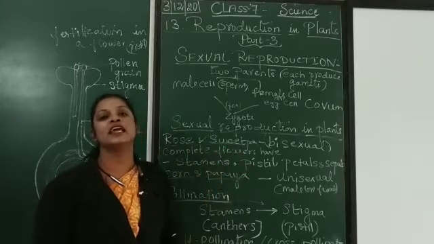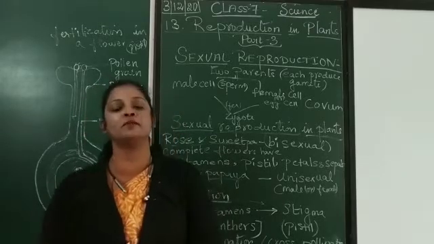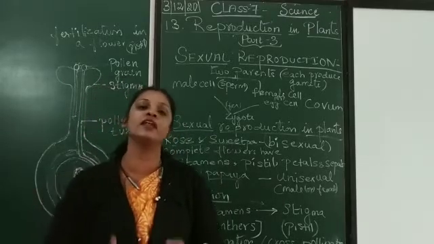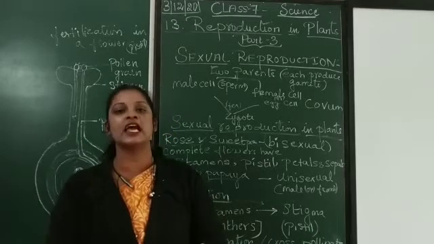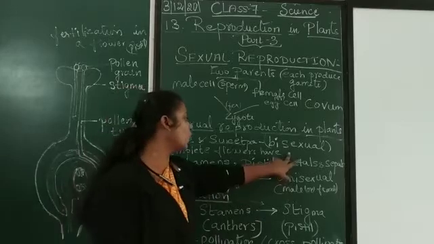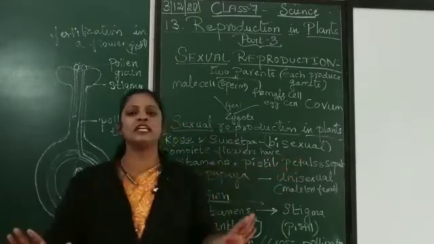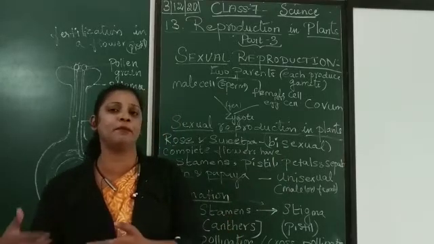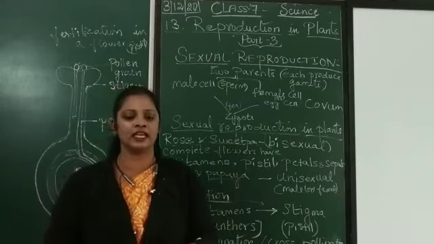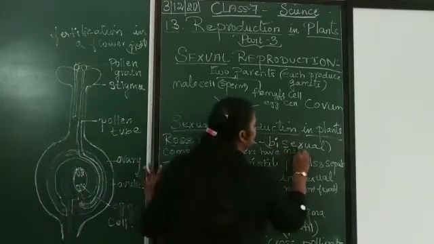They have two parents in themselves, that is, male and female reproductive organs in one particular plant, and that is called hermaphrodite or bisexual. So it is complete, and it does not need any other plant. It has both male and female by itself.